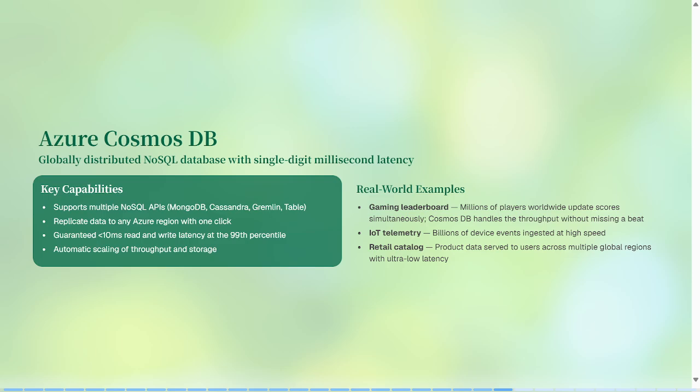Other players see updated rankings almost immediately. Even if millions of users are interacting simultaneously, Cosmos DB handles the load smoothly without delays or downtime. This means it's perfect for real-time gaming applications where speed is critical.